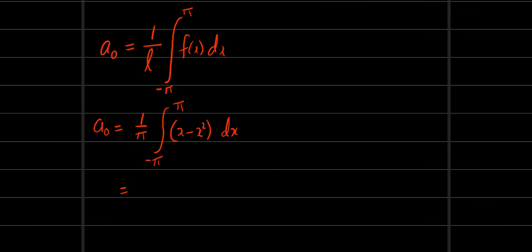Now we can integrate 1 by pi. If we integrate x to the power 1, we will get x to the power 1 plus 1 by 1 plus 1, minus x to the power 2 plus 1 by 2 plus 1, within the limits minus pi to pi.